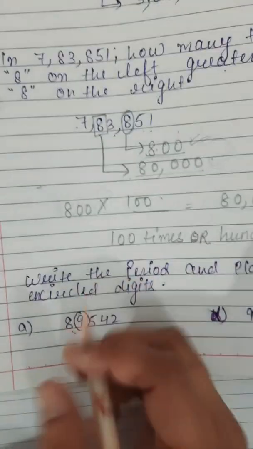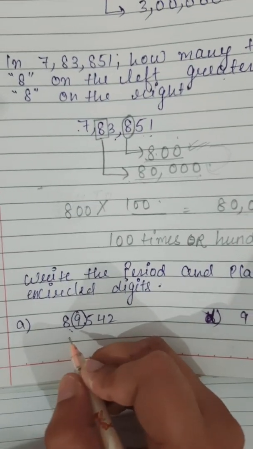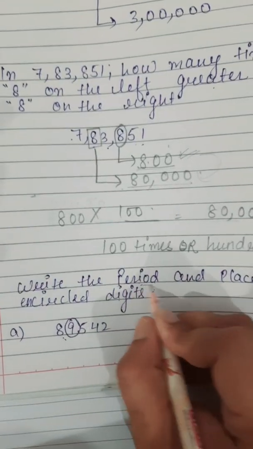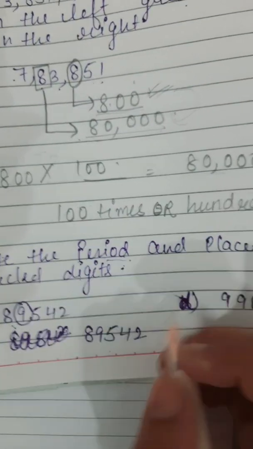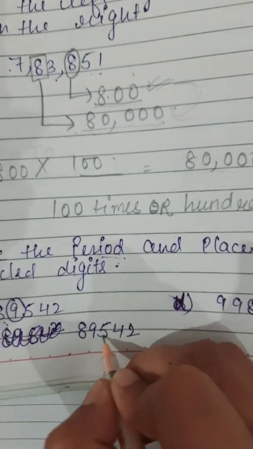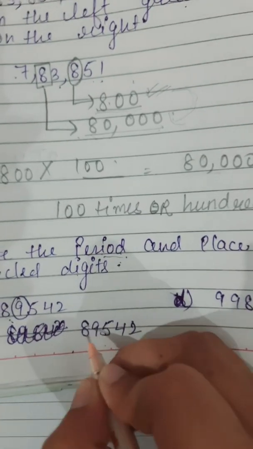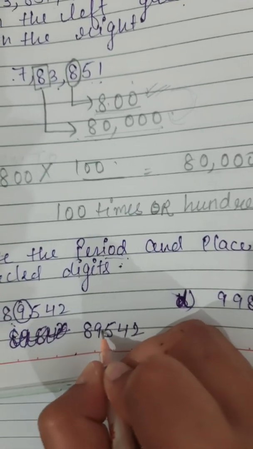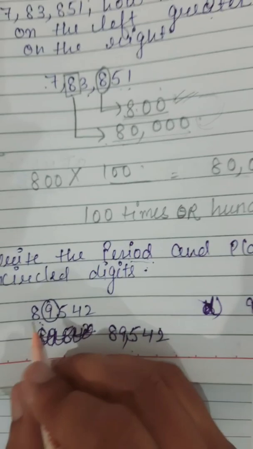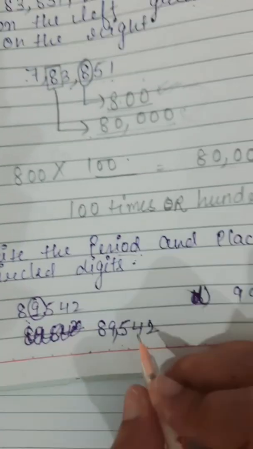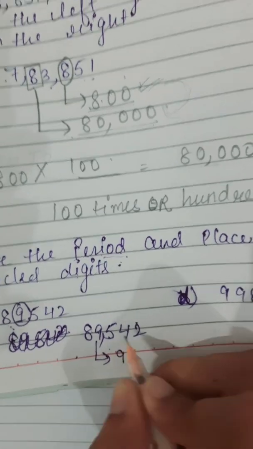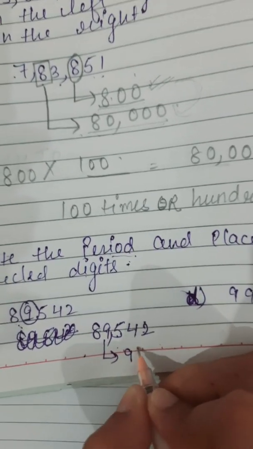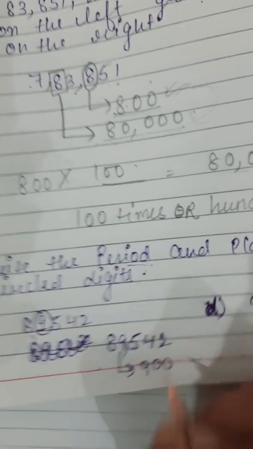It means you have to place the commas according to the period. 89542, we will go for ones, tens, 100, and then 1000. 1000 is the next period, so we will place commas here, and we will go for the place value of 9. So what will be the place value of 9? That is 9. How many digits are there? 3. So we will write them as 0.